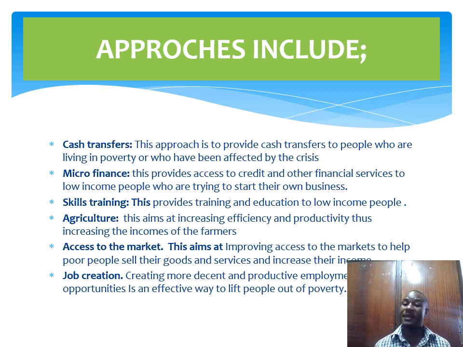For example, in the villages, we see now the government is working hand in hand with UNRA to construct roads in the villages to help them be connected to the market centers where they can go and access the market. So this is aimed at improving the incomes of the farmers and thus reducing loss.